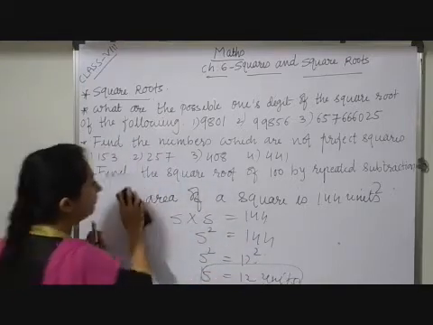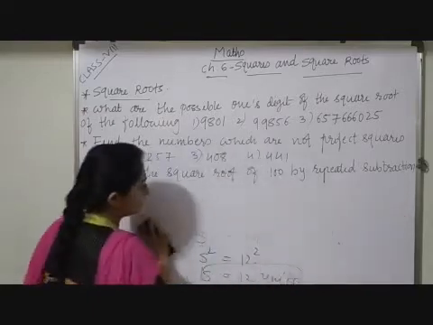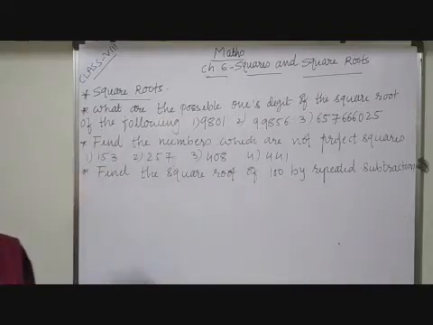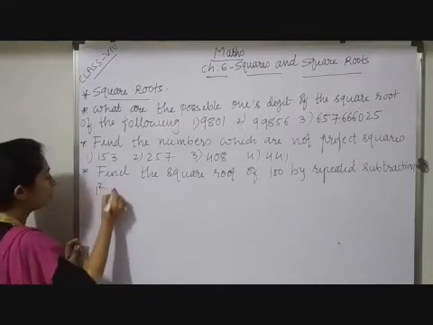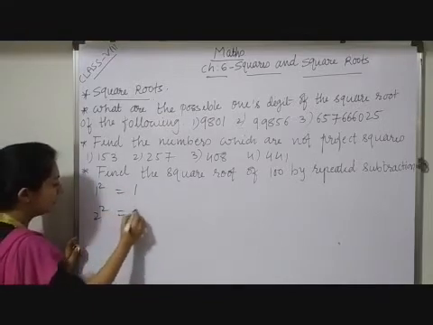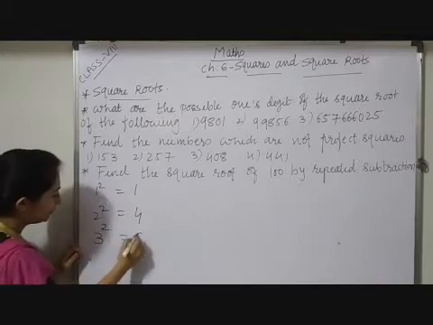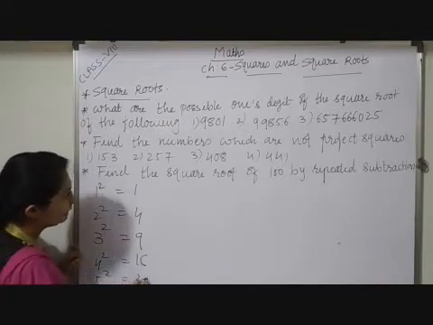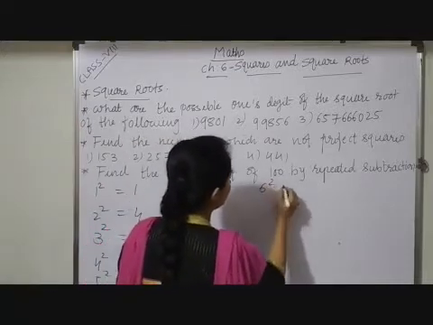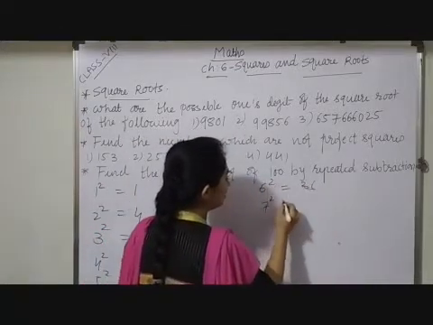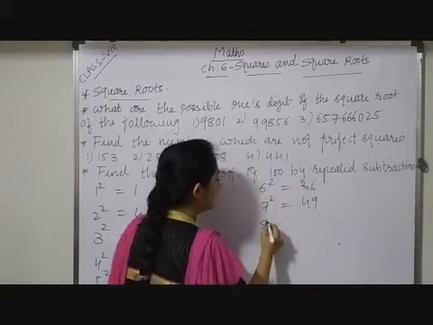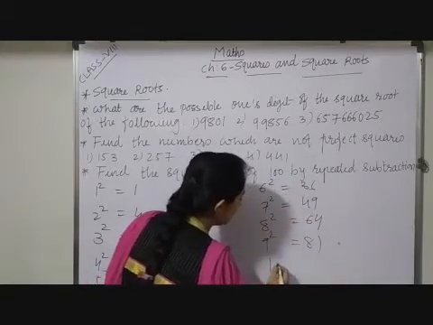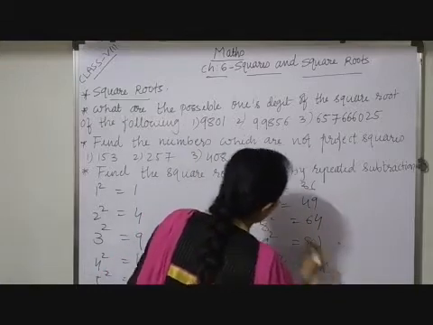Similarly, if I write down the squares of all the numbers from 1 to 10, observe. 1 square is 1, 2 square 4, 3 square 9, 4 square 16, 5 square 25, 6 square 36, 7 square 49, 8 square 64, 9 square 81 and 10 square equals 100.